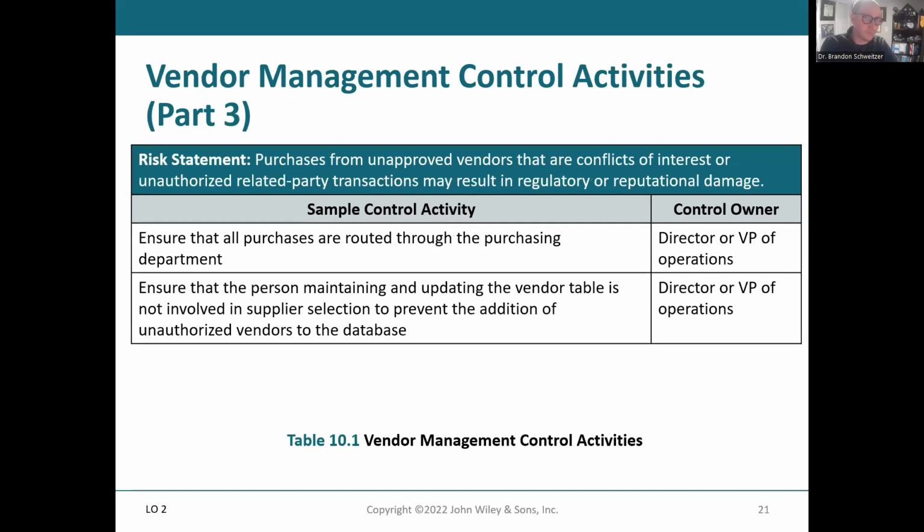Another type of risk: purchases from unapproved vendors that are conflicts of interest or unauthorized related third-party transactions, which could result in regulatory or reputational damage to the company. So it's really important that all purchase orders go through the same process through the purchasing department. And of course, ensure that the person maintaining and updating the vendor table is not involved with those vendors in any unauthorized way.